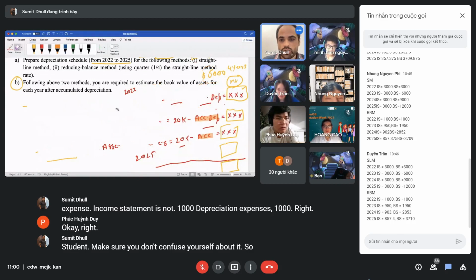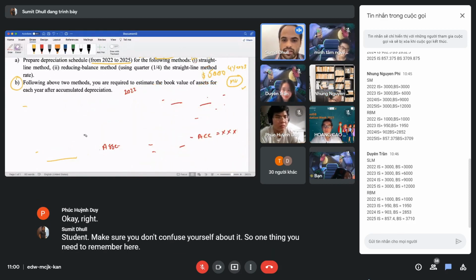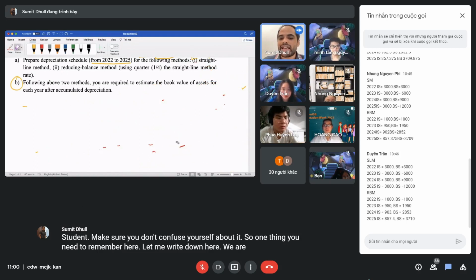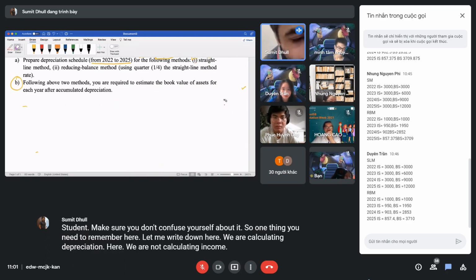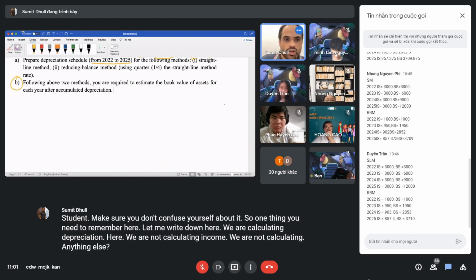So one thing you need to remember here, let me write it down. We are calculating depreciation here. We are not calculating income. We are not calculating anything else. What is the income statement?